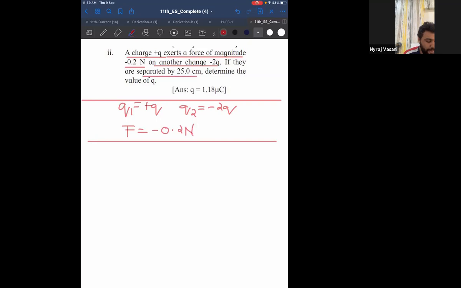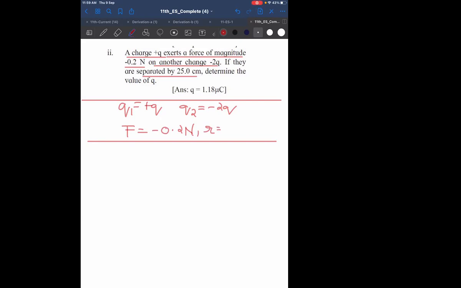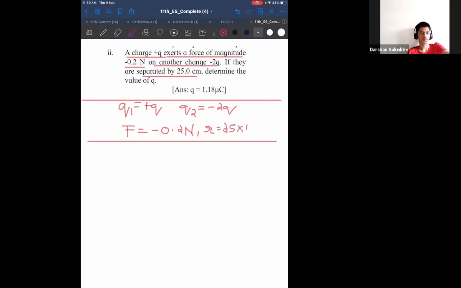They are separated by a distance of 25 centimeter. 25 centimeter in meter is 0.25, that is 25 into 10 raised to minus 2. Now I have to find the value of Q.